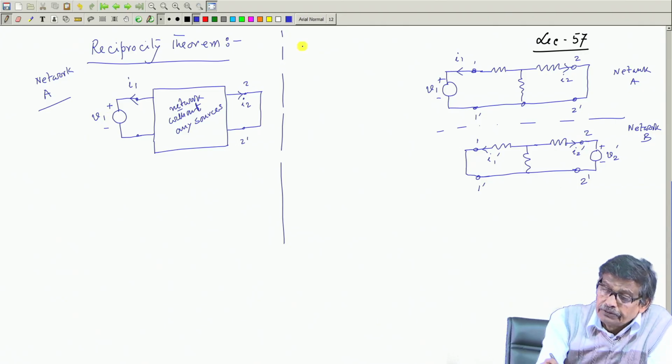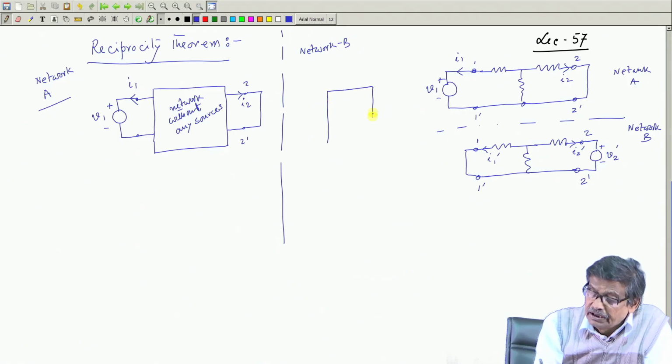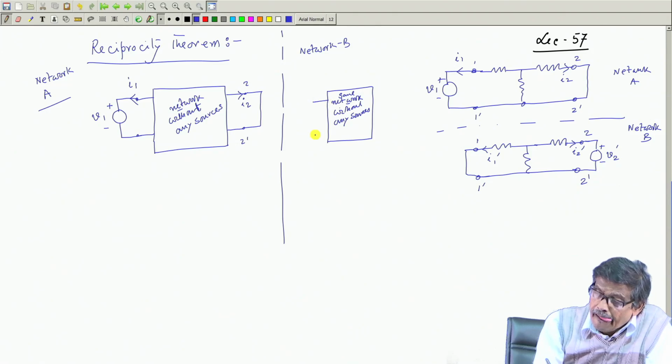Now, therefore, network B in general will look like this one, the same network, that is, this is the same network as this box, the same network without any sources inside. So, what I have done?